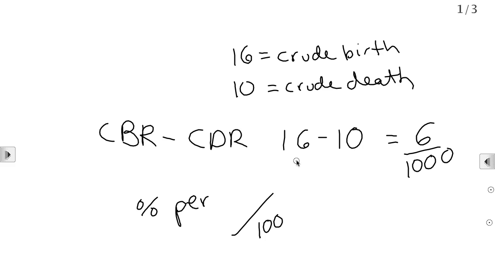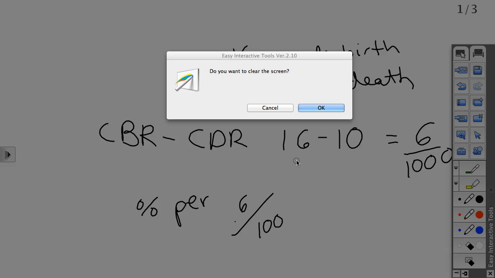This is per thousand. So I saw a couple people get this down. If I wanted to go from 6 per thousand to 6 per 100, Morgan, what would I do? You move the decimal to the left. Yeah, so you move the decimal to the left, and so it's going to be 0.6 per 100. But really what you're doing, I don't want to just say move the decimal. Let me show you this. I'm going to erase it and show it to you.